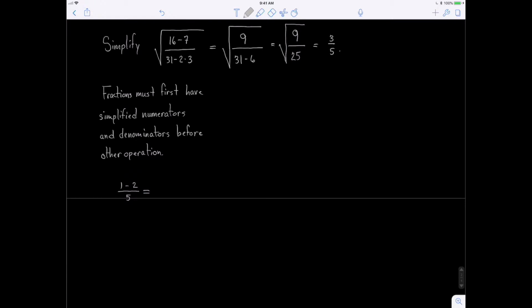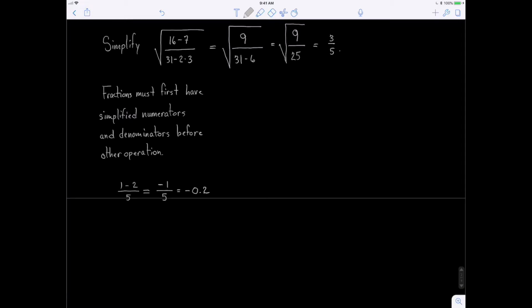If I follow the directions up above, I first have to take the 1 minus the 2. Well, 1 minus 2 is a negative 1, divided by 5. If I put that in the calculator, I come up with negative 0.2.